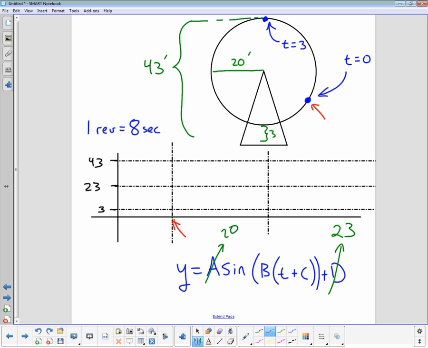We're given 3, and we start at a maximum. And then 8 seconds later, we're back again where we wanted to be. So this would be 11.